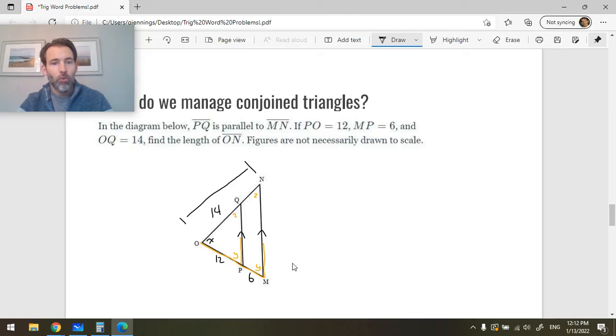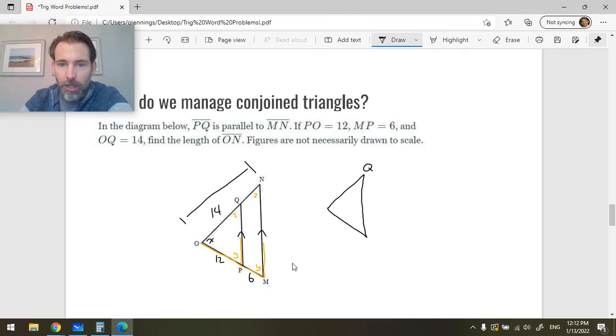Now when I'm faced with a problem like this, my brain starts to bubble a little bit, and I'm getting confused and I might make a mistake. So what I do is I draw two diagrams. I draw the smaller triangle and the bigger triangle. Here is OPQ.